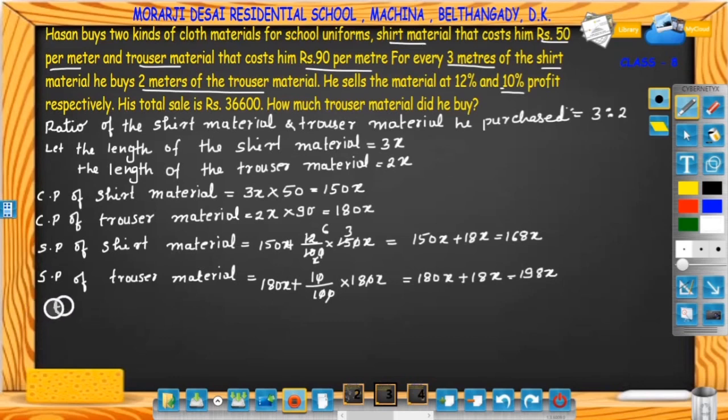Now it is given that total selling price, that is total sale, is 36,600.